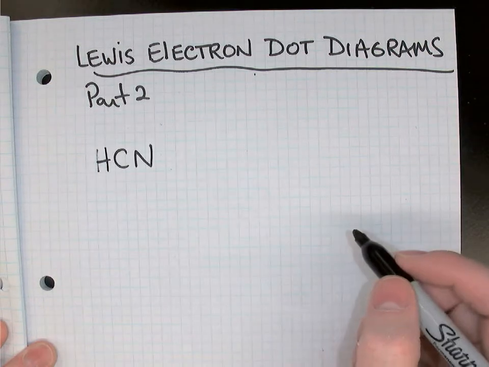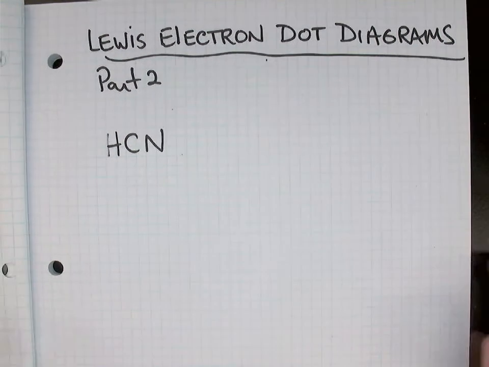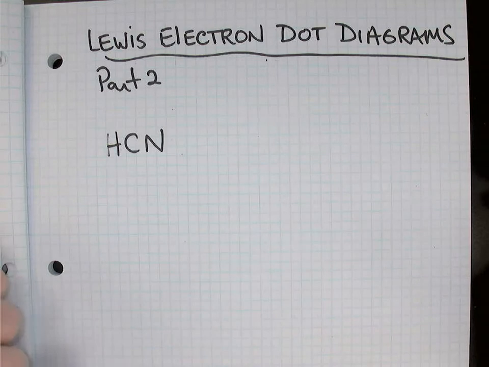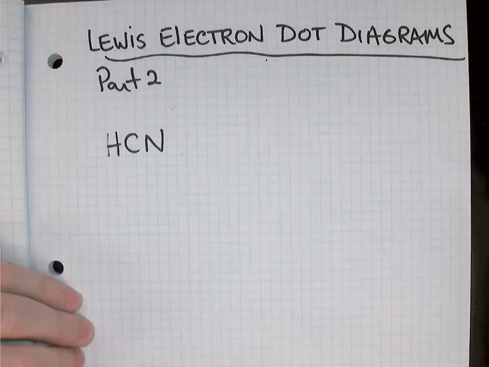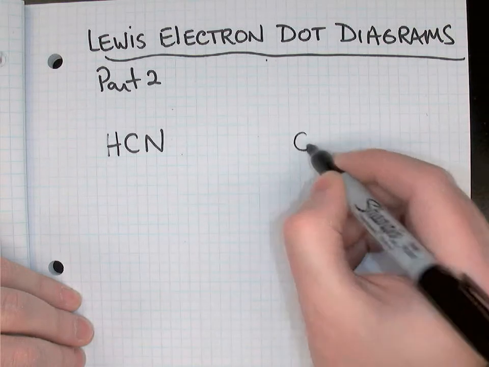Start with HCN. Remember that Lewis diagrams are intended to show how molecules, so covalent compounds, are connected, the atoms in them are connected or bonded to each other, and to account for the valence electrons that are involved in the bonding. In HCN, we'll assume that the carbon is the central atom.